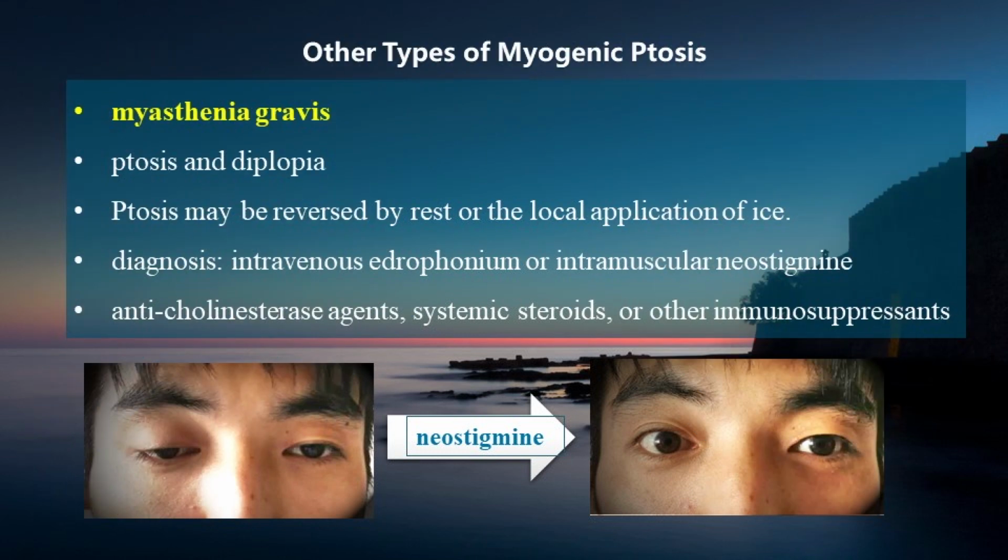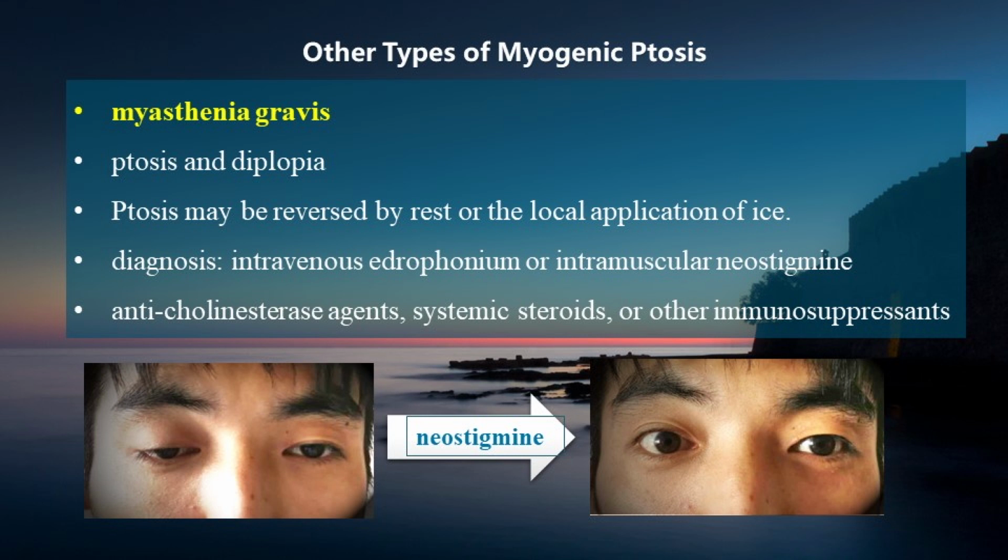Ptosis and diplopia commonly occur in myasthenia gravis, and either or both frequently are the initial manifestation of both the ocular and generalized forms. The orbicularis oculi muscles are also frequently involved. Cogan's lid twitch is sometimes present.